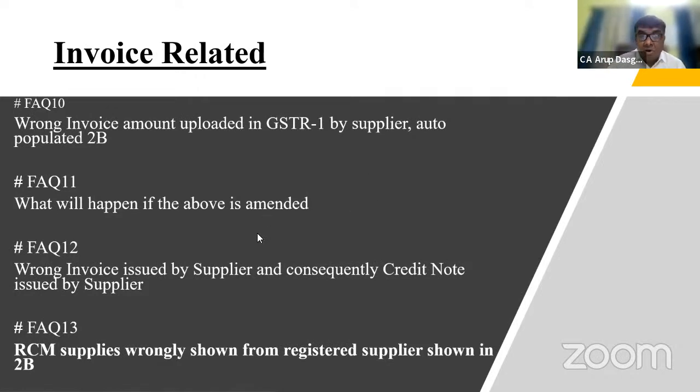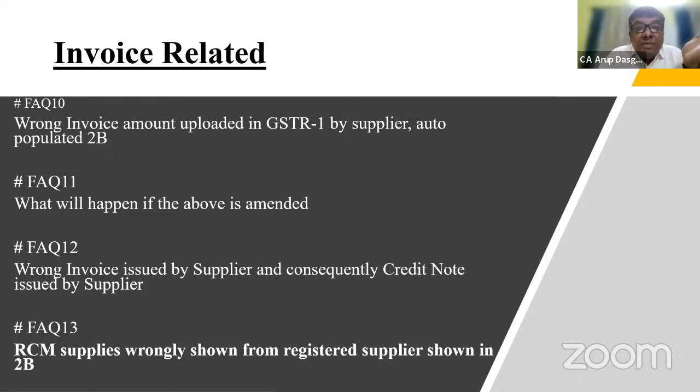The next query that we got, an FAQ, is that of a wrong invoice issued by the supplier and consequently a credit note issued by the supplier. What has happened here? The supplier has actually issued an invoice by mistake. That means he had to issue it to Mr. X, but by mistake he issued it to Mr. D. And he realized the mistake the next day.